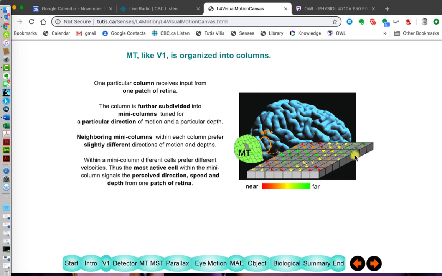And within those mini columns, you've got cells that are sensitive to motion of different speeds, but also particular directions. Okay? Like this one's in the forward direction, another one might be in the backwards direction.